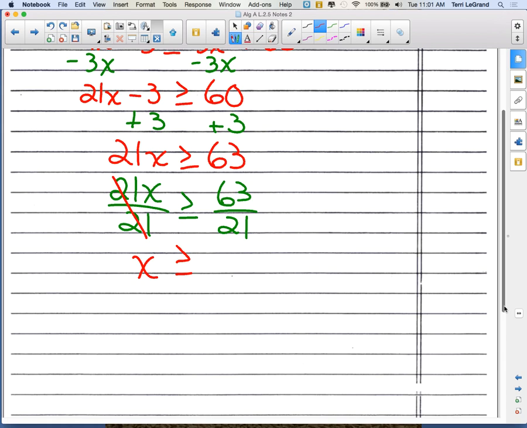You get to the point where you have to ask yourself, how many 21s are in 63? 3, yeah, we don't need a calculator for that. 3 times 1 is 3, and 3 20s is 60, and 60 plus 3 is 63. So, did we need to switch the inequality symbol? Do we multiply or divide by a negative? No. So there's our algebraic solution, and we still need a graph representation of our solution.